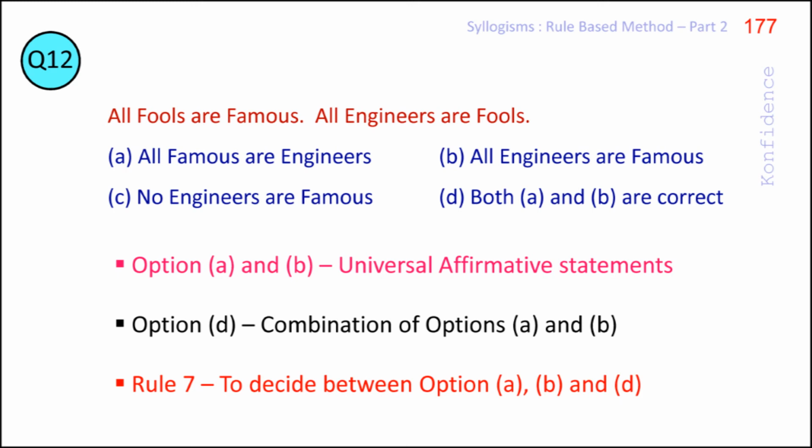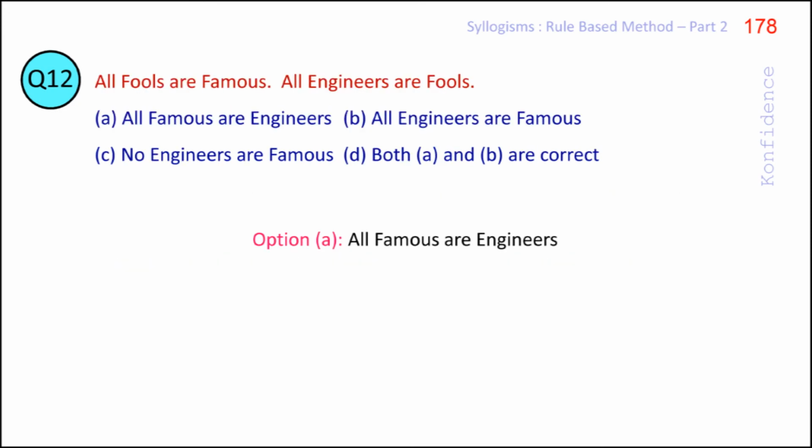Let us look at the distribution pattern of the terms in options A and B. Option A, all famous are engineers, is a universal affirmative statement. It is consistent with our requirement that the conclusion be an affirmative statement. Look at the distribution pattern given in the slide.